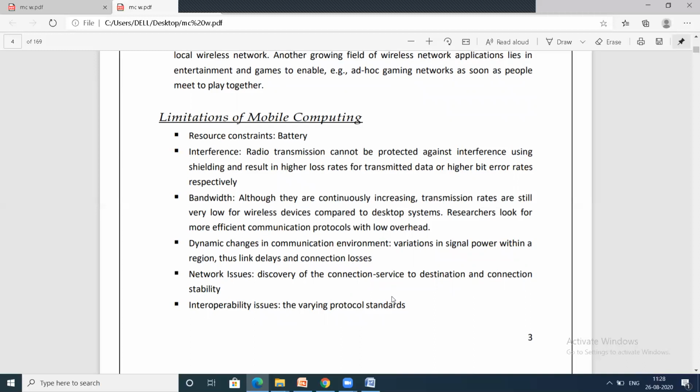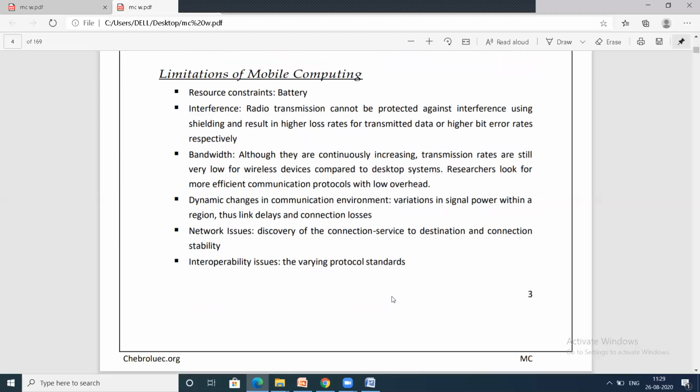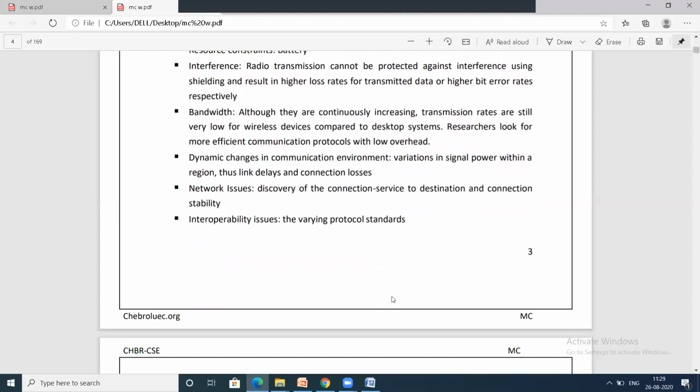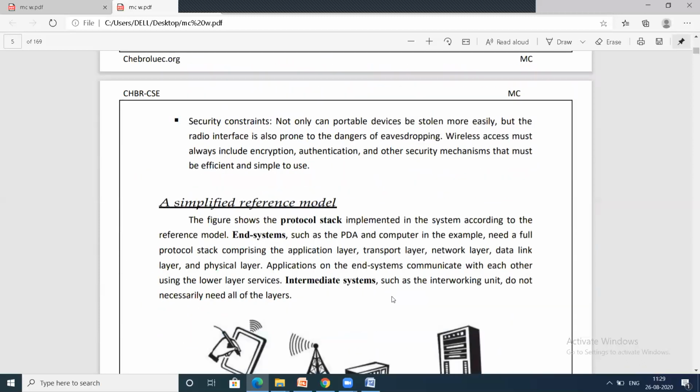When compared to wired systems, the transmission rate or data rate in wireless systems will be low. Next, dynamic changes in communication environments, because it does not follow any fixed topology. And network issues. Next, interoperability issues. This is all regarding protocols. These are the several limitations in mobile computing. Okay. And last one, security constraints.